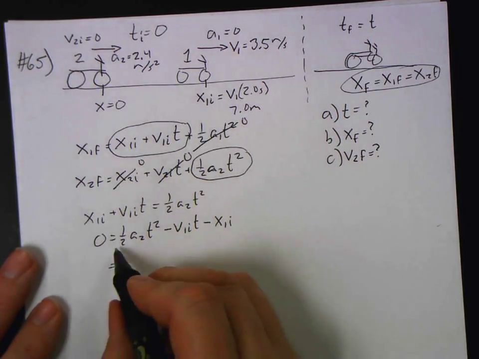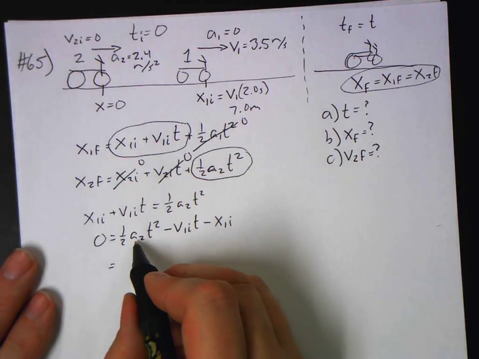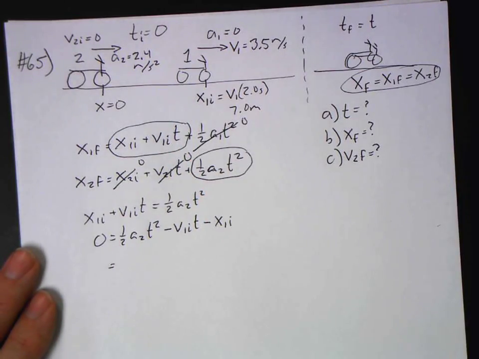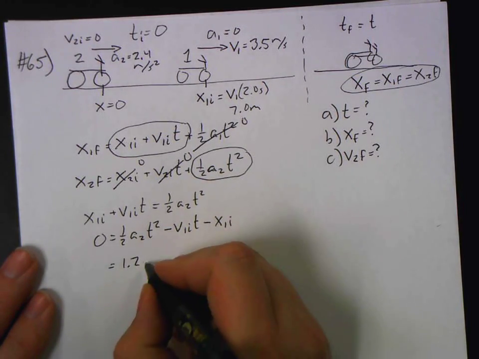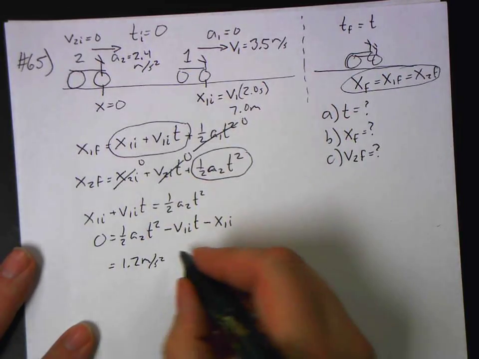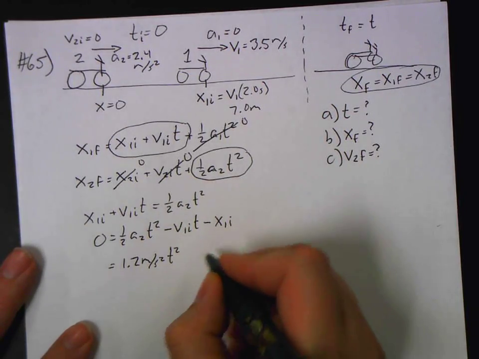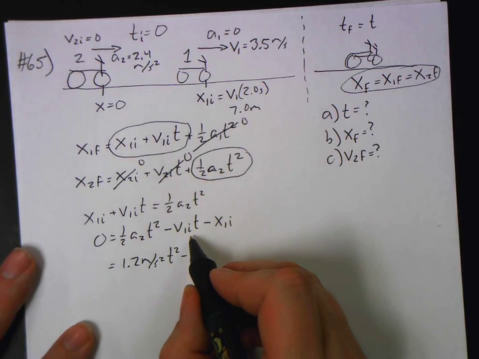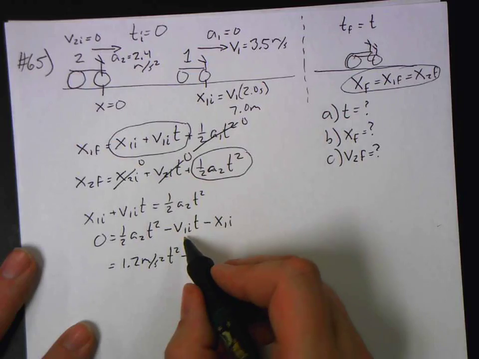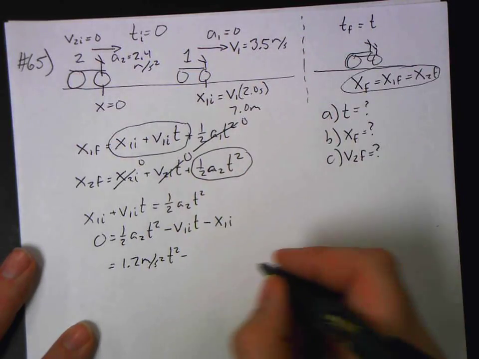A is going to be 1/2 times the acceleration of bicycle 2. He is accelerating at 2.4, so that's going to be 1.2. I'm not going to show that, but I am going to put units on it, though. Meters per second squared multiplied by t squared, minus v1 initial. V1 initial was his constant velocity of 3.5.